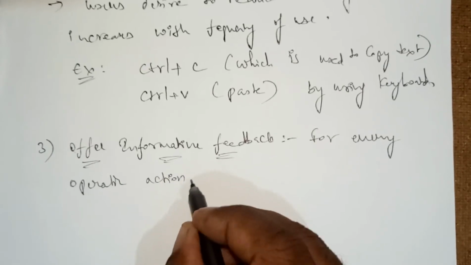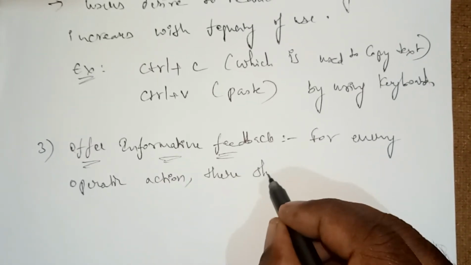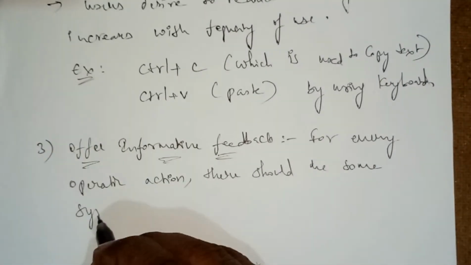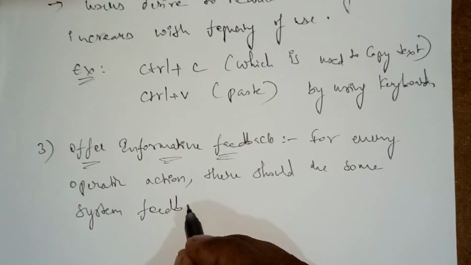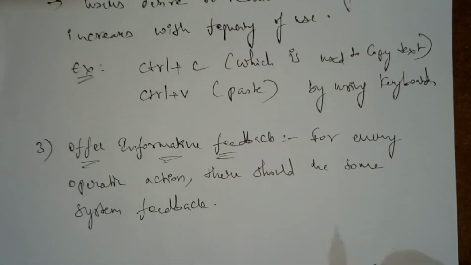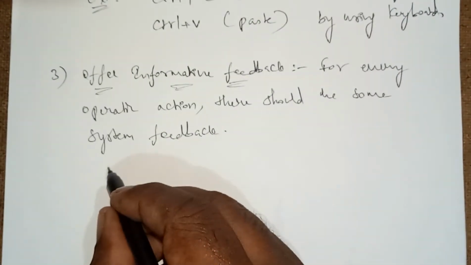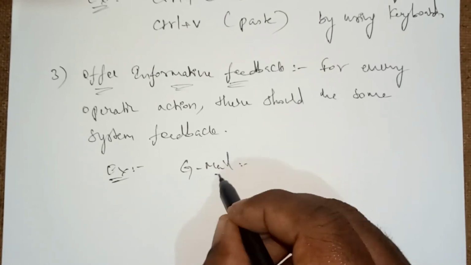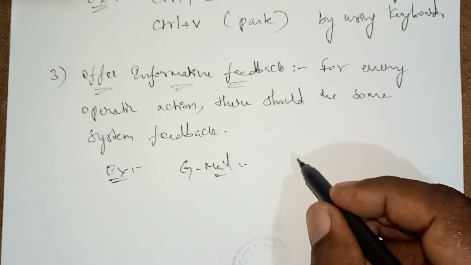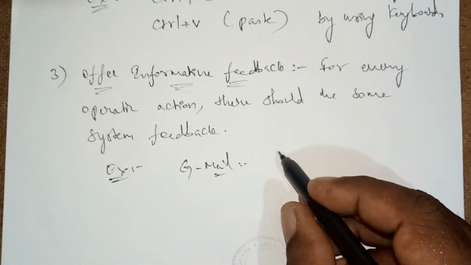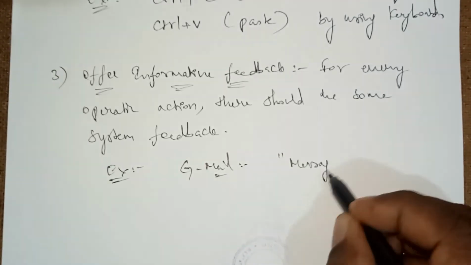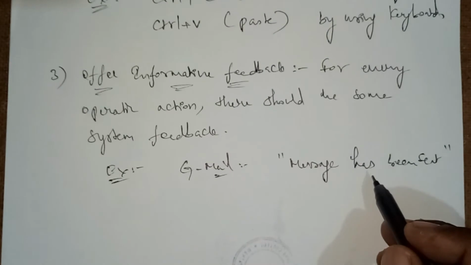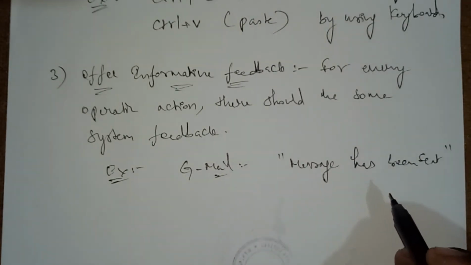For example, if you take Gmail, suppose you are sending a message to another person, it will display a message like "message has been sent." So this is one kind of informative feedback.